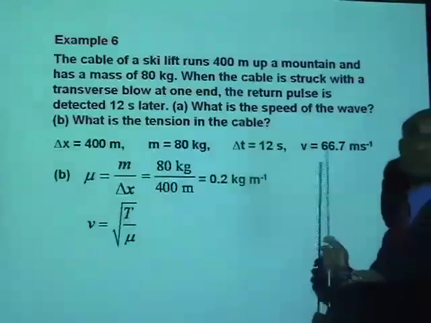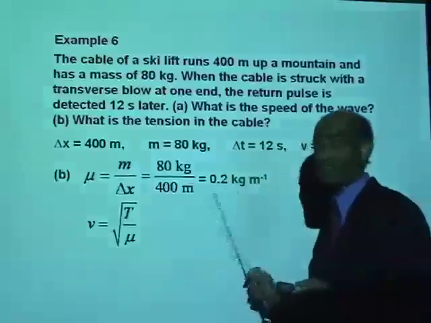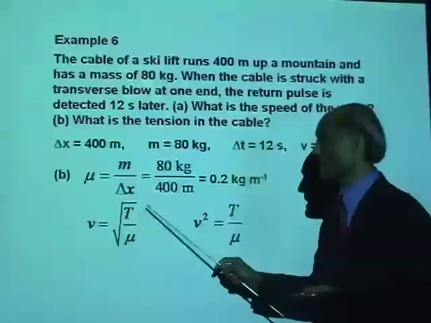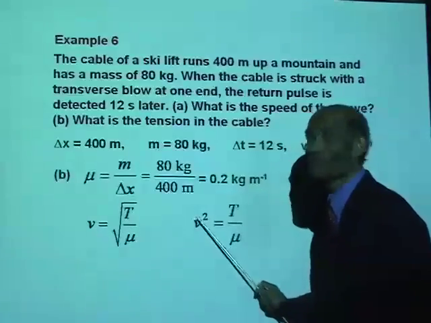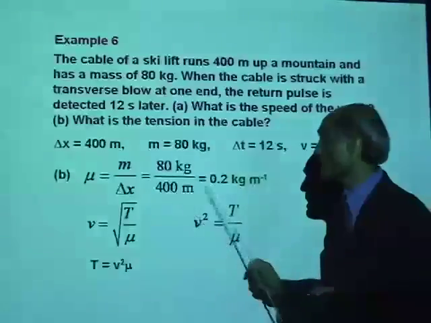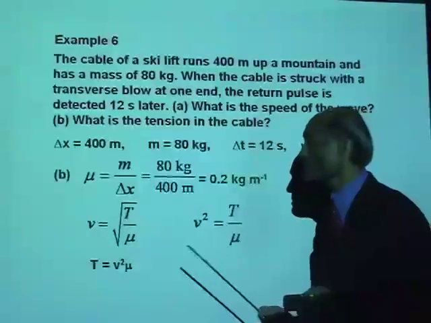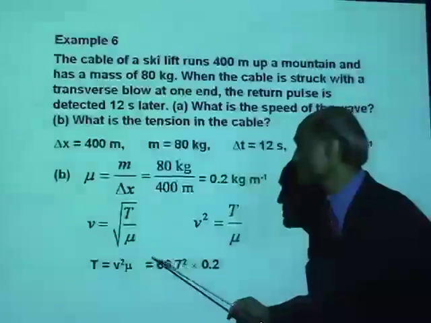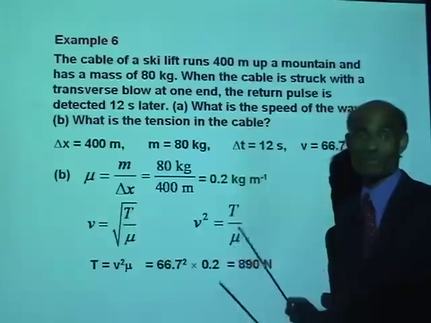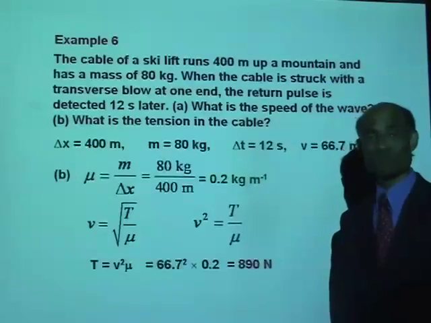V is 66.7 meter per second. We know mu, we just calculated it. Therefore, you can find T. Again, square both sides. V squared equal to T over mu. Therefore, T equal to V squared times mu. And that will be 66.7 squared times 0.2. That will be 890 Newton.